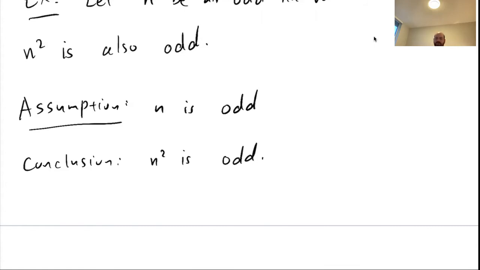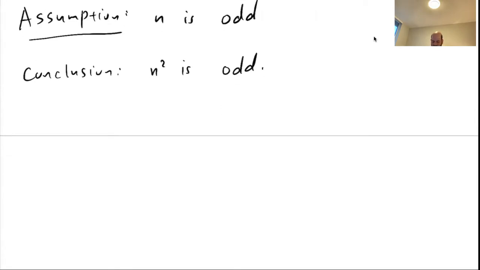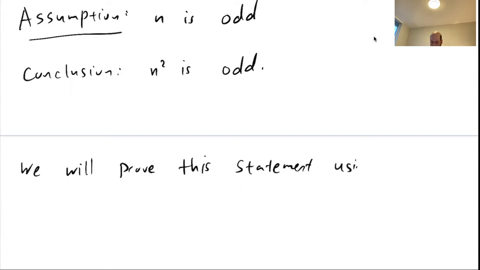So if you want to do a direct proof, in direct proof we said we have to start with the assumption and then do some type of reasoning or conclusion in the middle, and then at the end, you have to reach the conclusion. So we will prove this statement using direct proof.